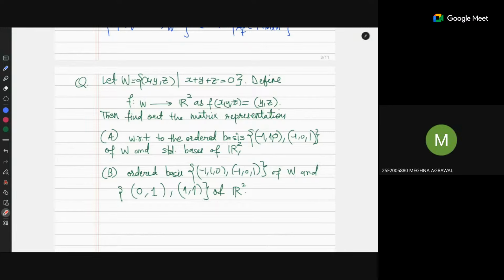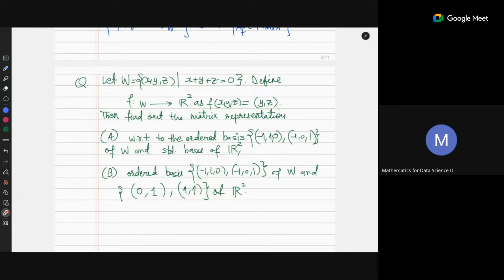Yes, sir, it is closed, because if we multiply any scalar c with (x, y, z), then cx plus cy plus cz will still be 0, because x plus y plus z is 0.